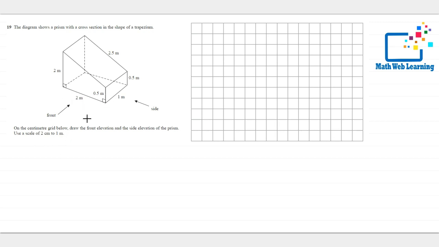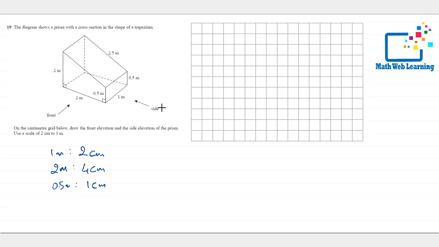So let's write down first the scale: 1 meter represents 2 centimeters in our drawings. So 2 meters, I would represent with a drawing of 4 centimeters. And 0.5 meters, like this one here, I would represent with a drawing of 1 centimeter, because you just multiply by 2, right?